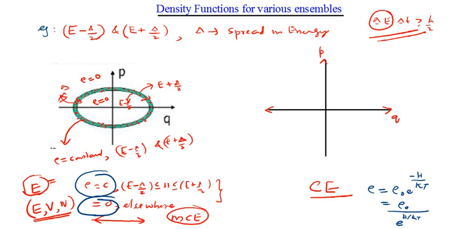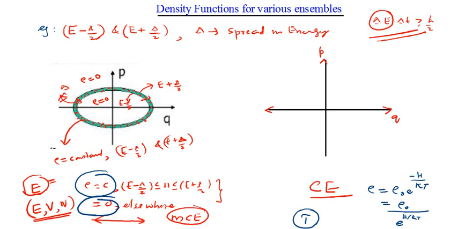It means that I'm taking a fixed temperature, so I'm keeping the temperature constant. Then what will happen when the H increases, when the Hamiltonian increases? The Hamiltonian represents the total energy.